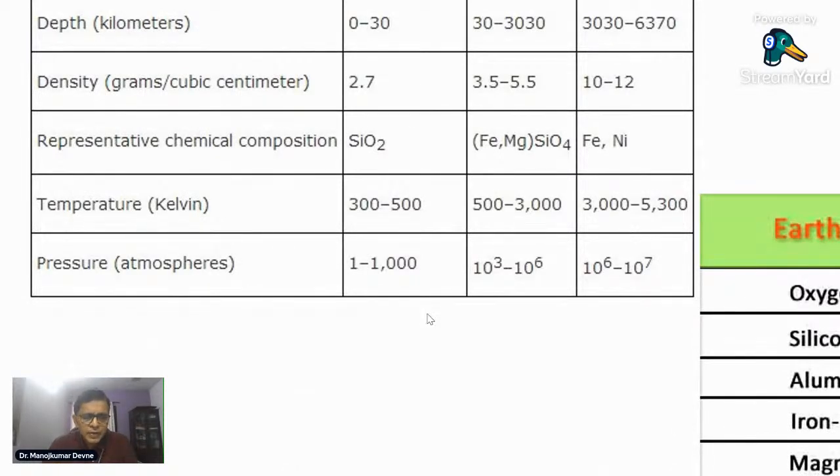Temperatures are in degrees Kelvin. Now, students of science should be in a position to know what degrees Kelvin is. Later on, when I interact with you all on Google G Suite, we could go into the details of the difference between centigrade, Fahrenheit and Kelvin. Many students I've seen learn chemistry, but they don't know the basic differences between centigrade and Fahrenheit, and how Kelvin is totally different from the other two.